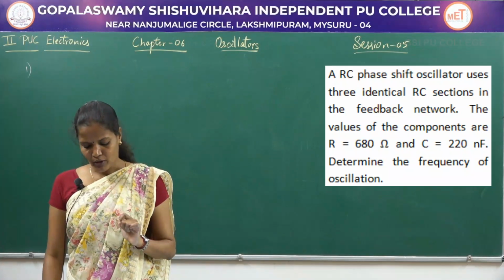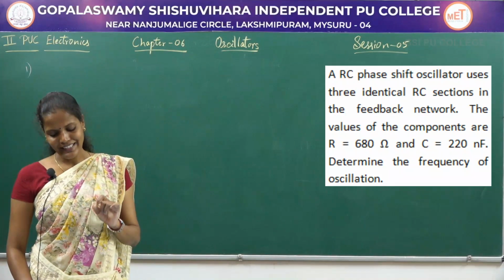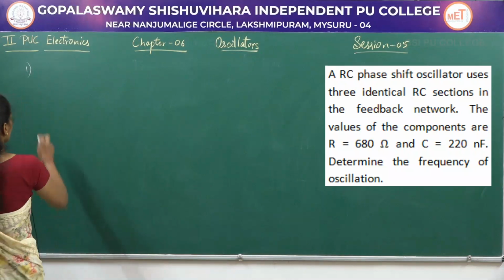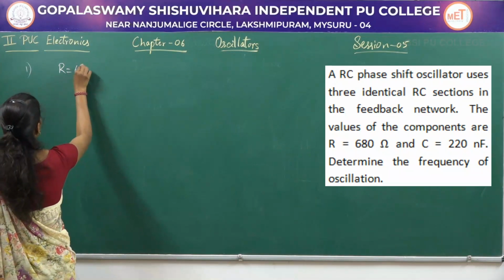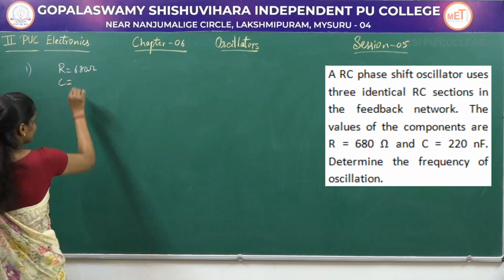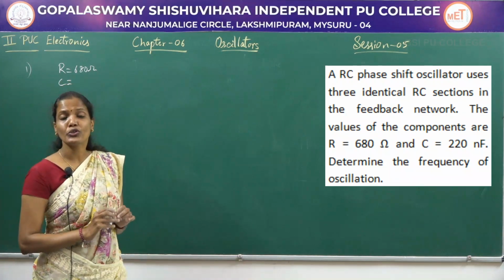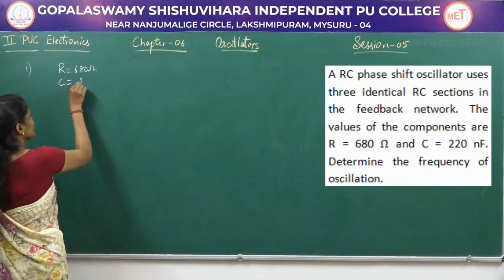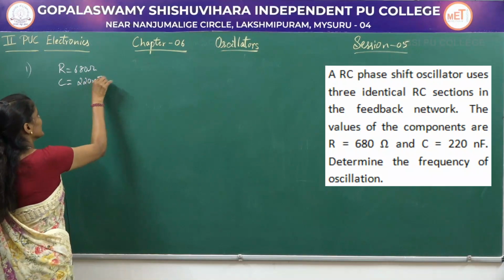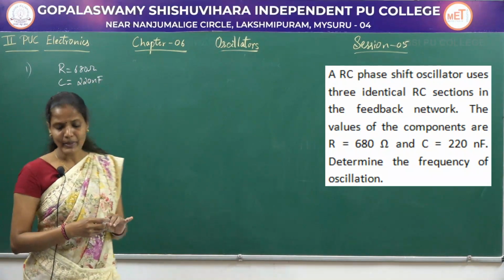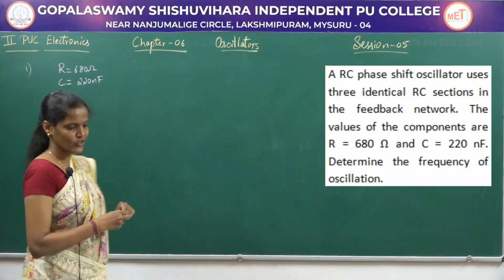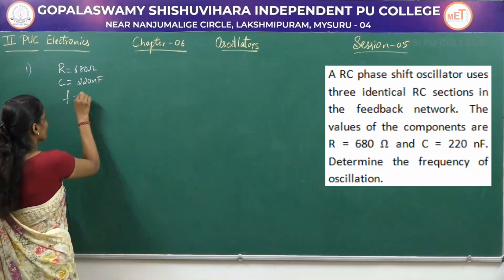The values of the components are R is equal to 680 ohms and C is equal to 220 nanofarad. Determine the frequency of oscillation.